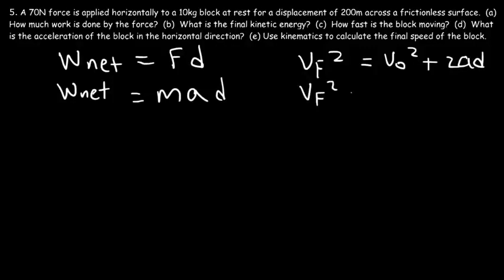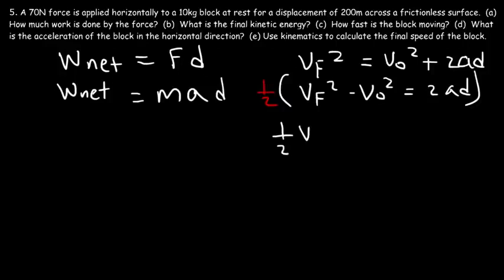So I have V final squared minus V initial squared is equal to 2AD. Next, multiply both sides by a half. So on the left side, I'm going to have 1/2 V final squared minus 1/2 V initial squared. And 1/2 of 2AD is simply A times D, because 1/2 times 2 is 1.